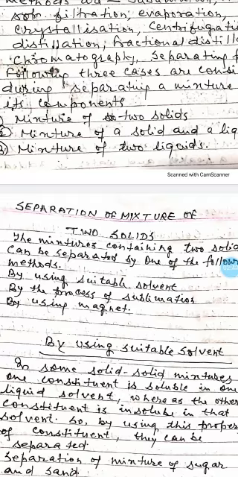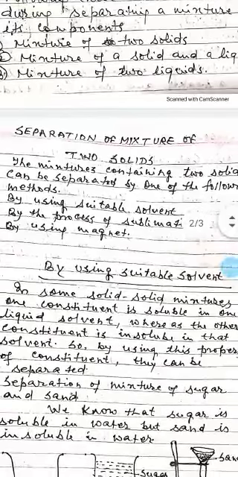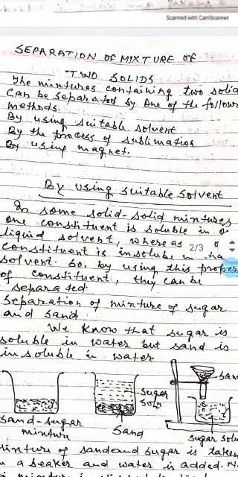Another method to separate solid components is sublimation and magnet. Today, I am going to tell you about this method of separation of components by using suitable solvent.